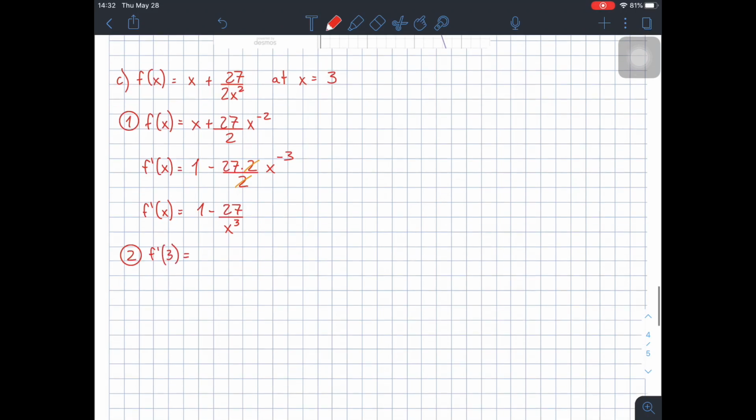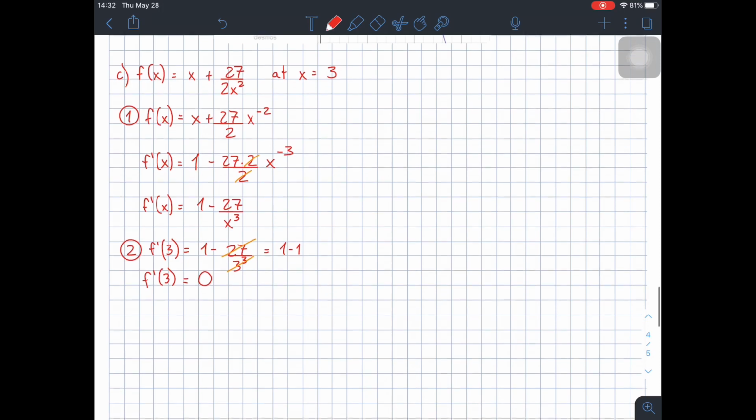f prime of 3 is equal to 1 minus 27 over 3 cubed. 3 cubed is 27, that means we can simplify this with this, and we get 1. So this is equal to 1 minus 1. That means that the gradient of the function at x equals 3 is equal to 0, right?